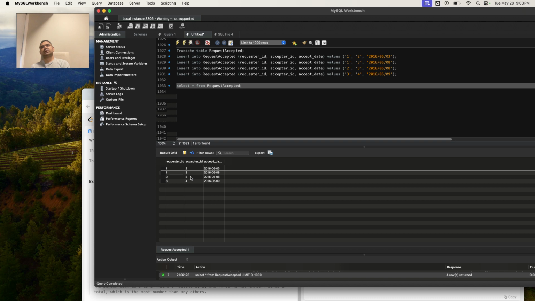If I put a group by and count for the accepter ID, or, there is one thing I am thinking of: group by both requester ID and accepter ID, since both together are the primary key. Then I can take the count.